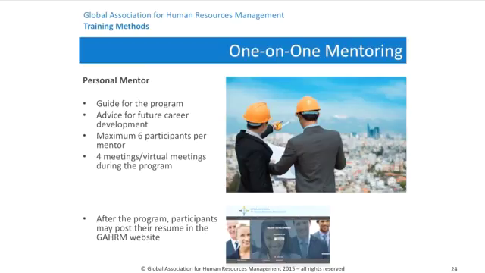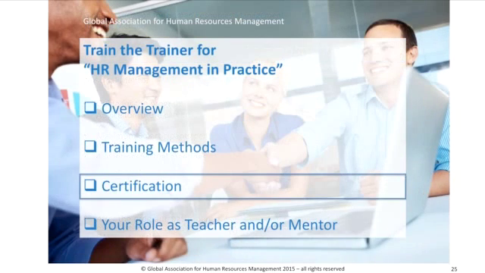The maximum should be 6 participants per mentor, and it is expected that there should be 4 meetings, either Skype conversations, phone conversations, or even real-life meetings, if possible, during the program. After the program, participants may also post their resume on our website, but only if they have passed the final certification of the program.